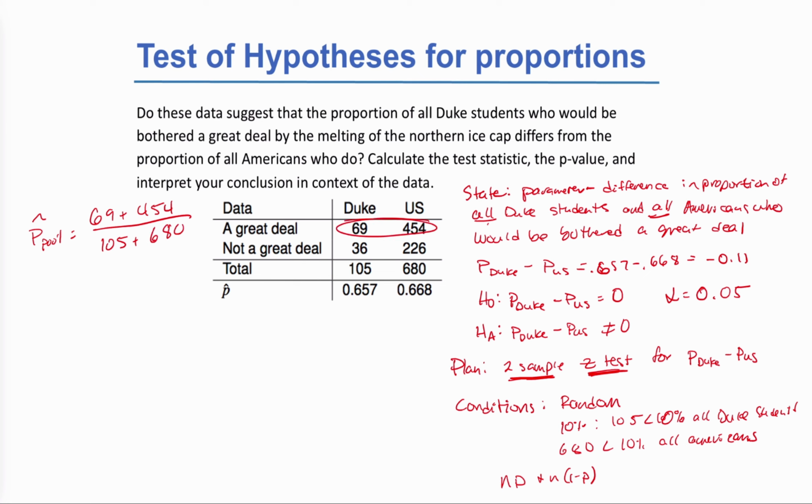So the total who said a great deal out of the total. And that was 0.666. So we have to check that for each of our n's, though.